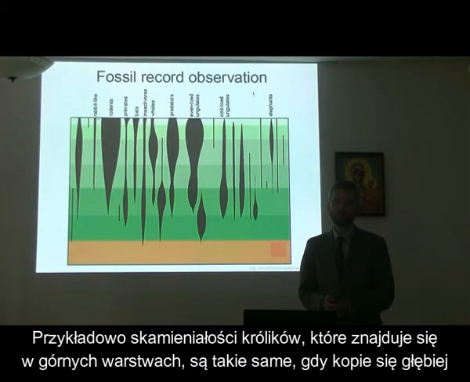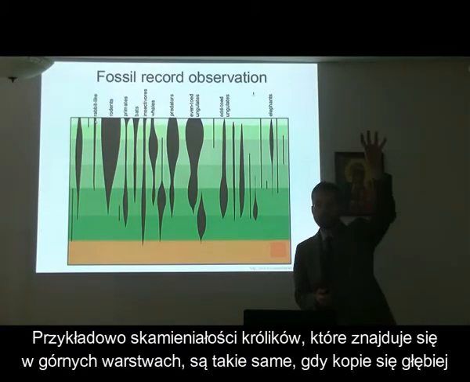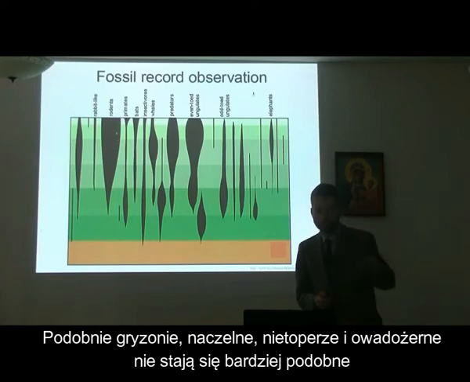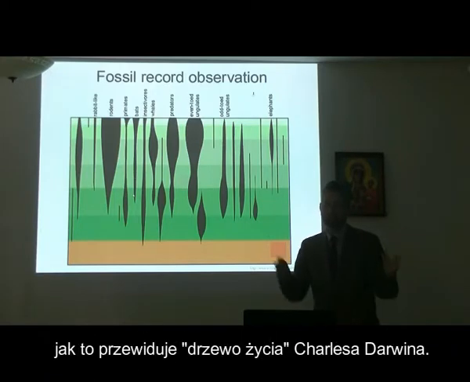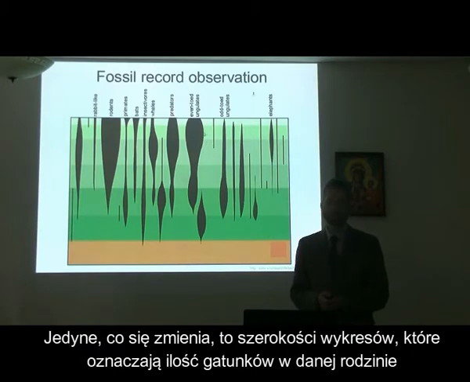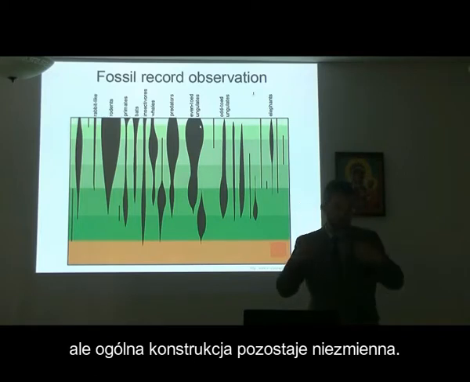For example, the rabbit fossils which you get in the top layer, they are the same when you dig deeper and deeper and deeper, and the rodents also, and the primates, the bats, the insectivores, they do not become more and more similar as the tree of life of Charles Darwin predicts. The only thing which changes is the breadth, which indicates the number of different races of this kind of family, but the basic construction stays the same.